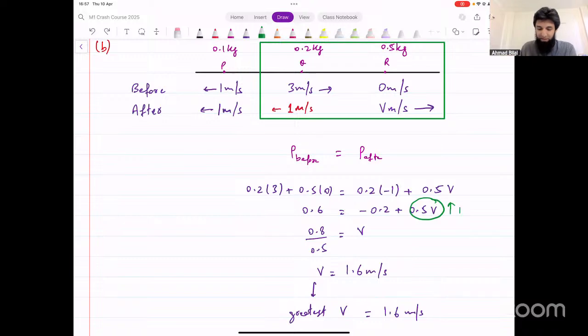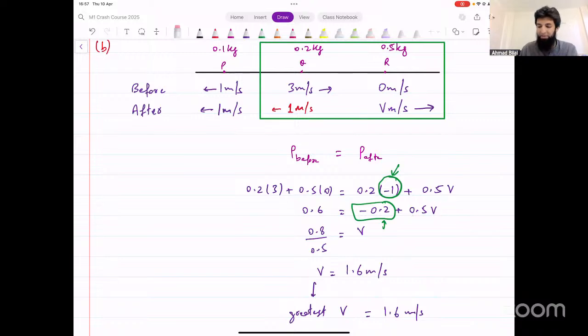Then if this increases, since the total has to be 0.6, this minus 0.2 will have to be an even smaller value, a more negative value. And for that to be a more negative value, this velocity will have to be greater than 1 towards the left side, and there would end up being a collision, right?